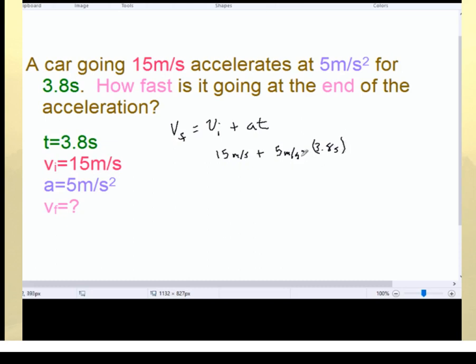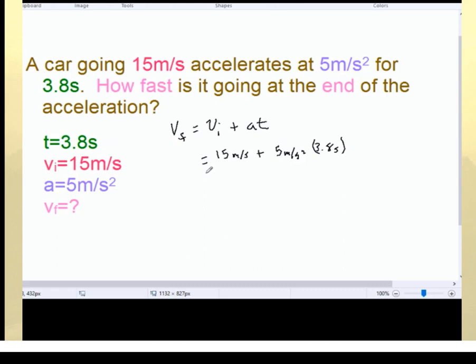Now if you look at the units here, if I've got seconds squared on the bottom and seconds here, this becomes meters per second. This also is meters per second. So together, I'm just adding two velocities, and that's going to be a speed.